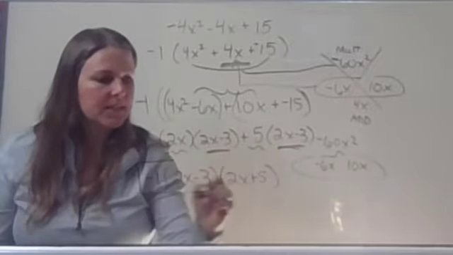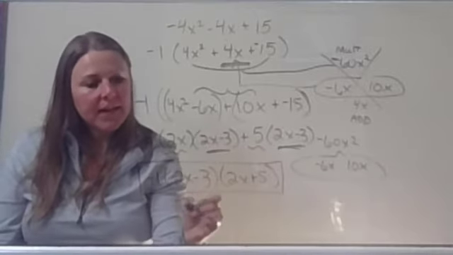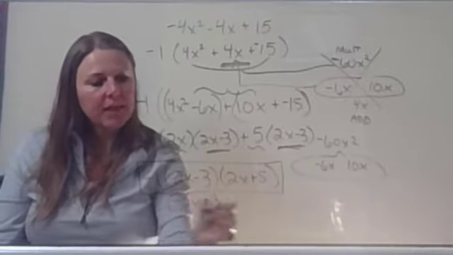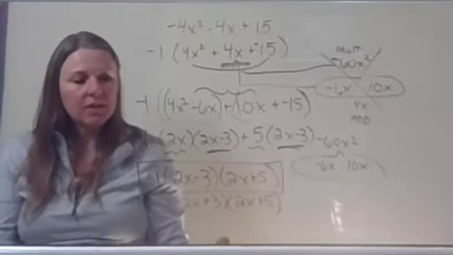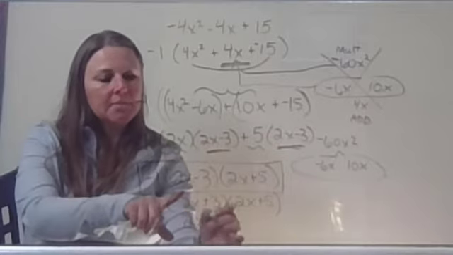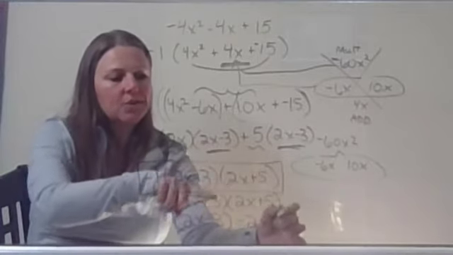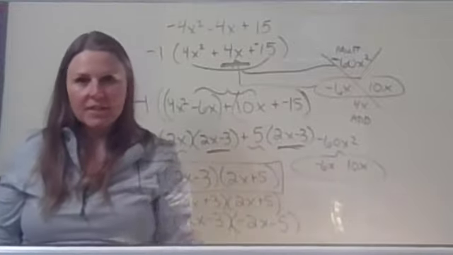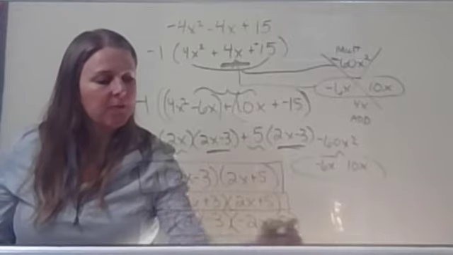So this is a lovely solution. Put this negative 1 into either of these. So this could be negative 2x plus 3 times 2x plus 5. That's a solution. You could keep the 2x minus 3 and you could distribute the negative 1 back here. Negative 2x minus 5. That's another solution. So all of these are the same exact factored form.